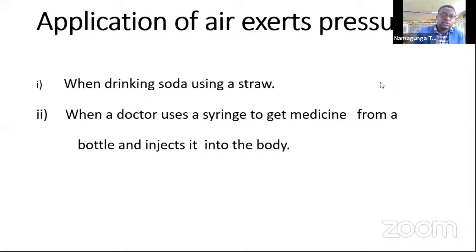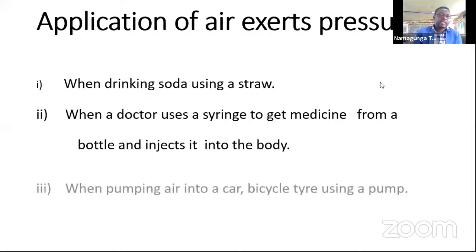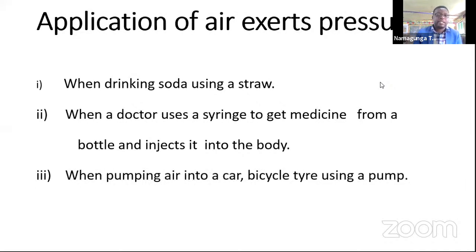The doctor is also using the application of air exerts pressure. Then another point, number 3, when pumping air into a car or a bicycle using a pump, that is also an application of air exerts pressure.